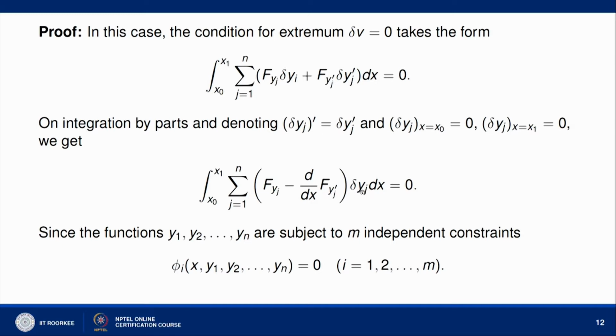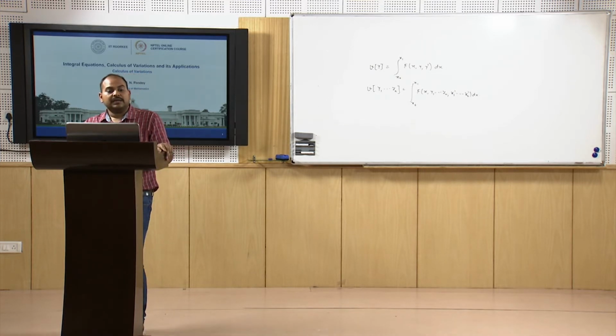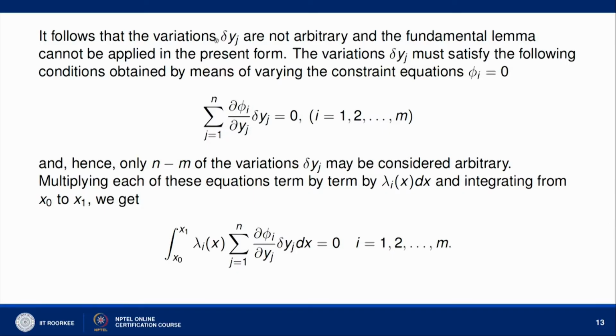But here we cannot consider delta y j as completely arbitrary because they are related by the constraints phi i(x, y1 to yn) equal to 0 for i equal to 1 to m. So here we cannot apply the fundamental lemma to obtain Euler's equation. It follows that the variations delta y j are not arbitrary and the fundamental lemma cannot be applied in the present form.